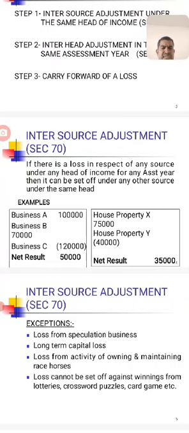House property X got a profit of 75,000 and house property Y a loss of 40,000. This loss of 40,000 can be adjusted against the house property income of 75,000 in property X, with a net result of 35,000. This loss can be adjusted within the same head.